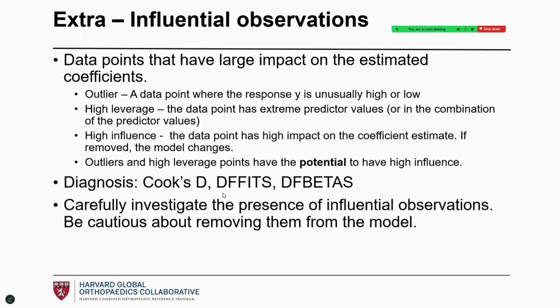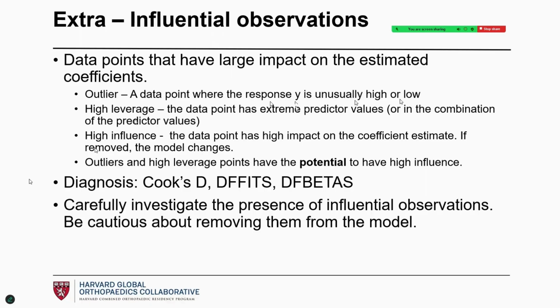The next extra point that is important when we run a linear regression model is trying to identify influential observations. We call influential observations data points that have a large impact on the estimated coefficients. And in this case, we identify three kinds of points. We identify outliers, where we have a data point where the response Y is unusually high or low.